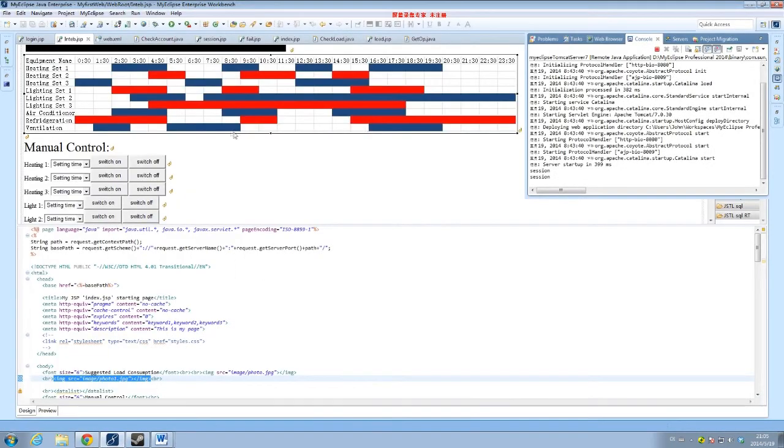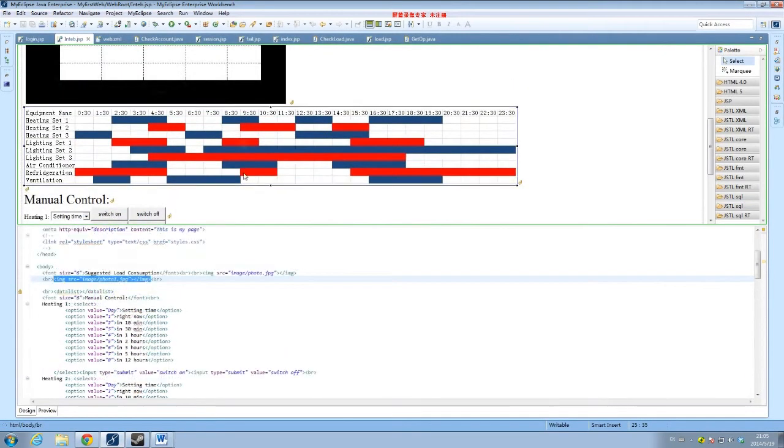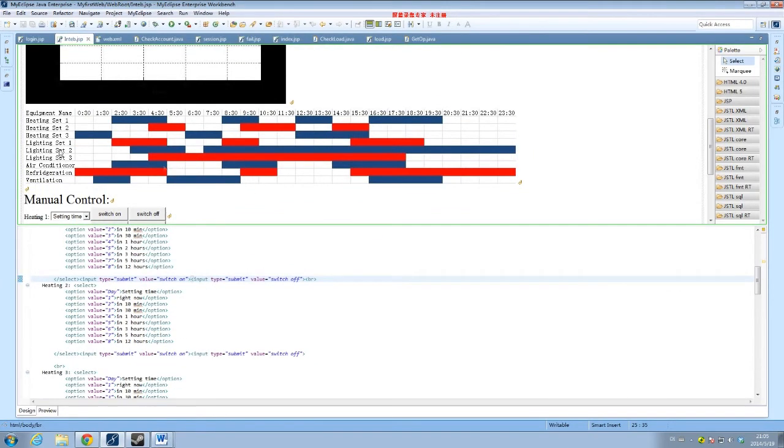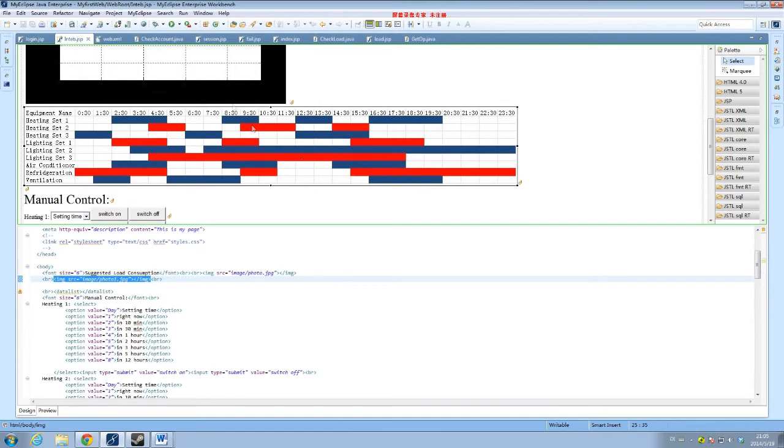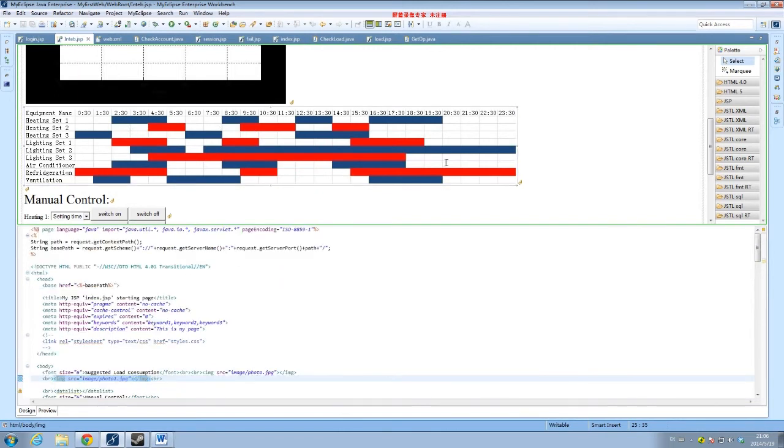There will also be one more picture showing you the exact time schedule of all your electrical equipment, like this one. This is a timeline, and these are the equipment. It clearly shows you the load scheduling of these equipment. So you can turn on your heating set at this time period to get optimal load consumption.